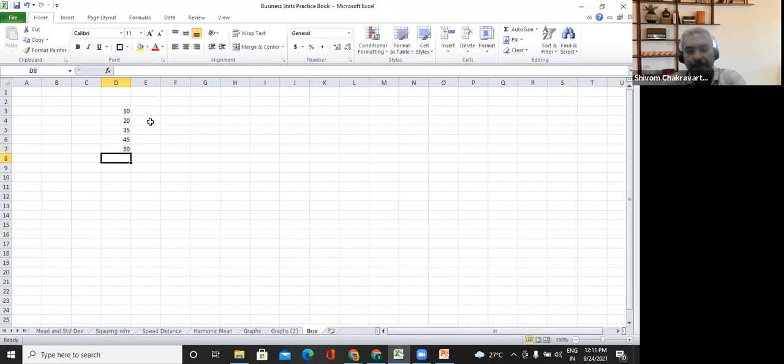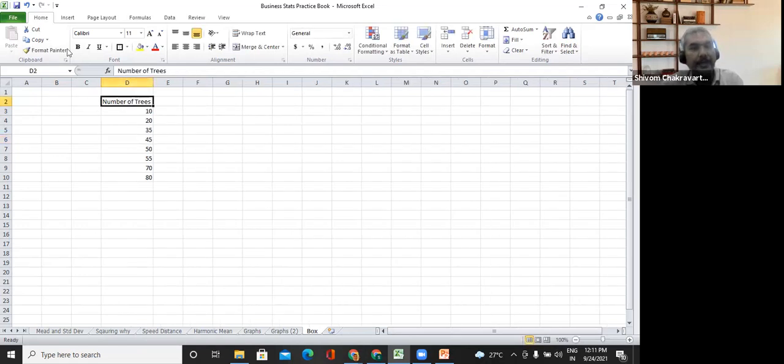So this is the number of trees. Now, to draw a box plot, first we have to understand what a quartile is.